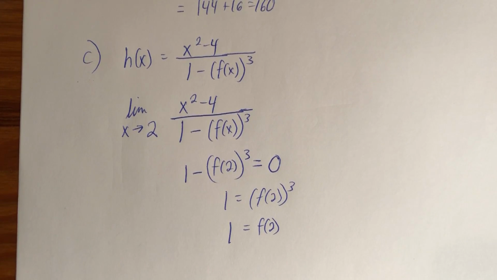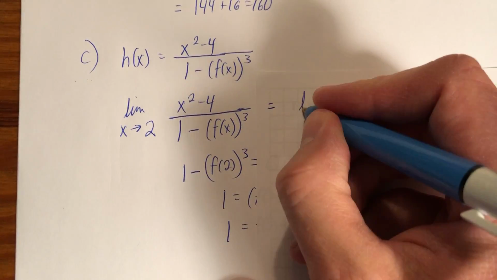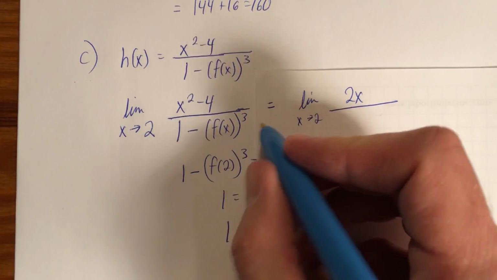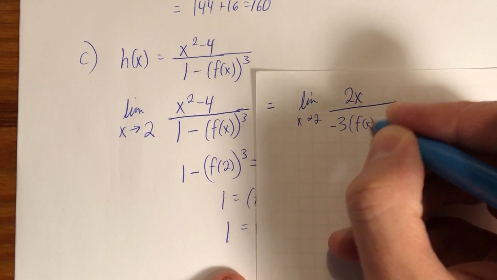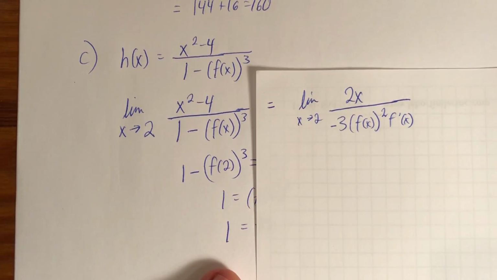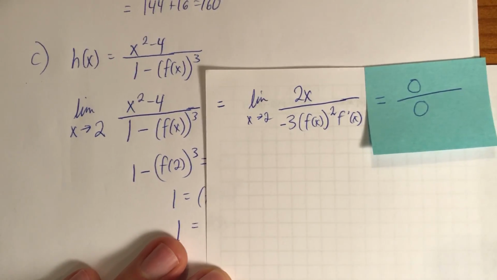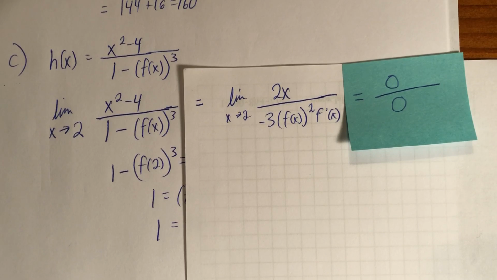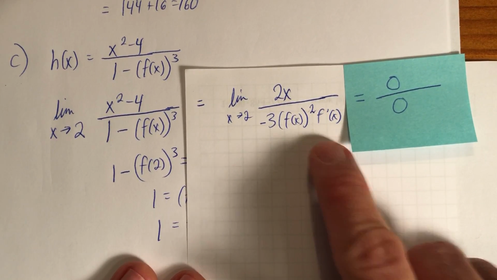If you have to L'Hopital it because it was 0 over 0, and I'm just going to keep going here, then I would take the derivative of the top, and the derivative of the bottom, so 1 goes away, and then negative 3 f of x squared times f prime, it's chain rule. And then I'm hoping that this happens. But actually, it's not going to happen, because if I plug in a 2, I have a 4. So L'Hopitaling again to find this is not going to work at all.